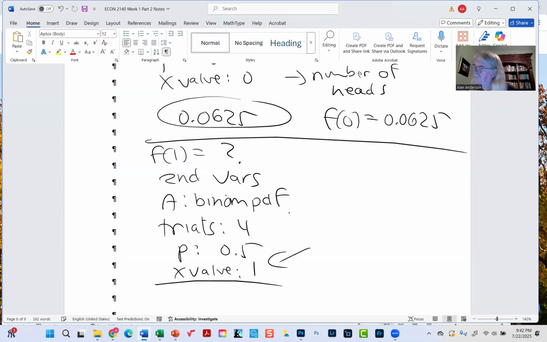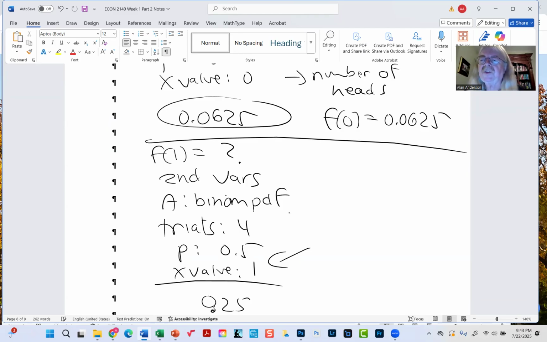This time it is 1. Okay, so that's the only part that changed. So when you go back here, as if this wasn't a time saving enough of a device, you don't have to change anything. You can scroll down and just change the X value from 0 to 1. You don't have to retype the number of trials or the probability of success. They're still in the memory of the calculator. Man, they really do make things easy for us, don't they? All right, so change that to 1. And sure enough, it's 0.25.